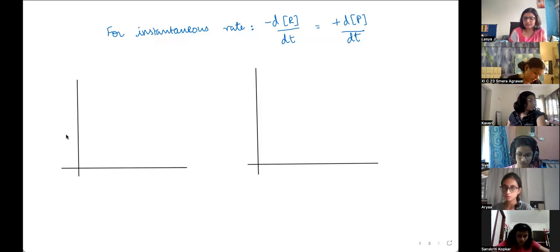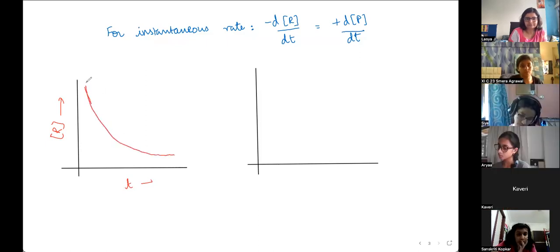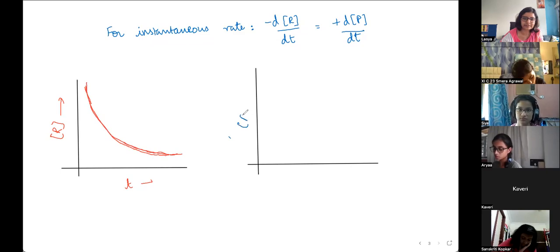In general, for reactants, the concentration reduces over time, so this is the shape you get. The product mirrors it, except it's going to increase.